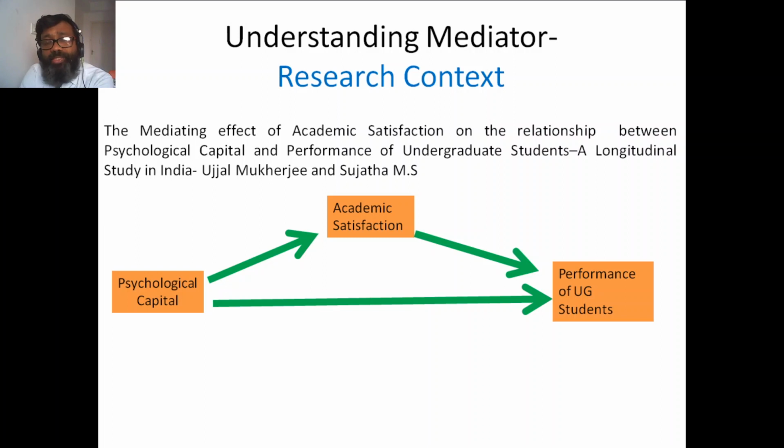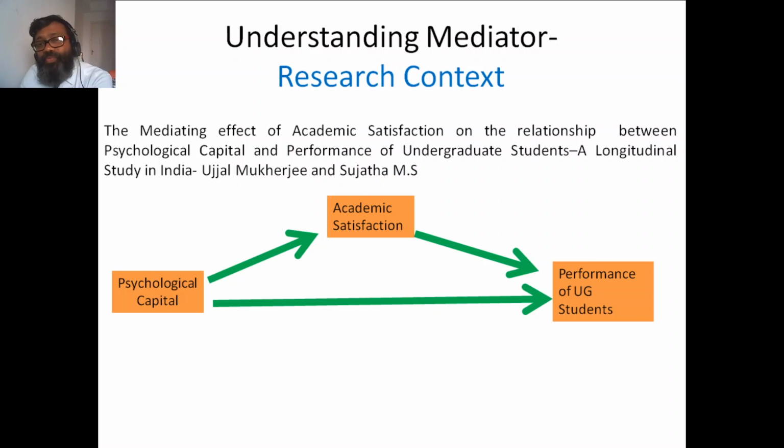There might be two paths which are applicable, that both the hypotheses come true, in terms of psychological capital also directly influencing performance of undergraduate students, and there is an alternative path that also influences. So both the paths can come true in terms of how psychological capital influences performance of undergraduate students. So there might be two paths, or there can be one path.